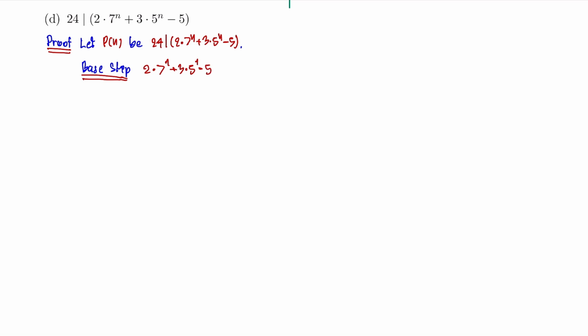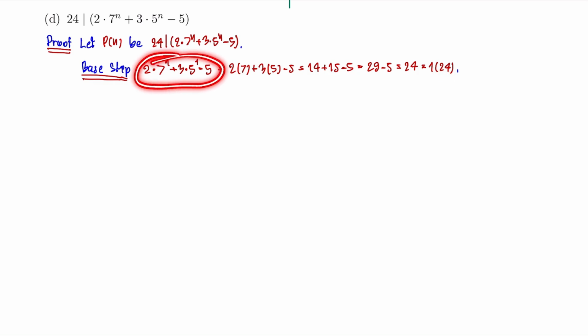And now we calculate: 2 times 7 plus 3 times 5 minus 5, which is 14 plus 15 minus 5. It turns out to be 29 minus 5, which is 24, which is 1 times 24. That means that 24 is a factor of this one.